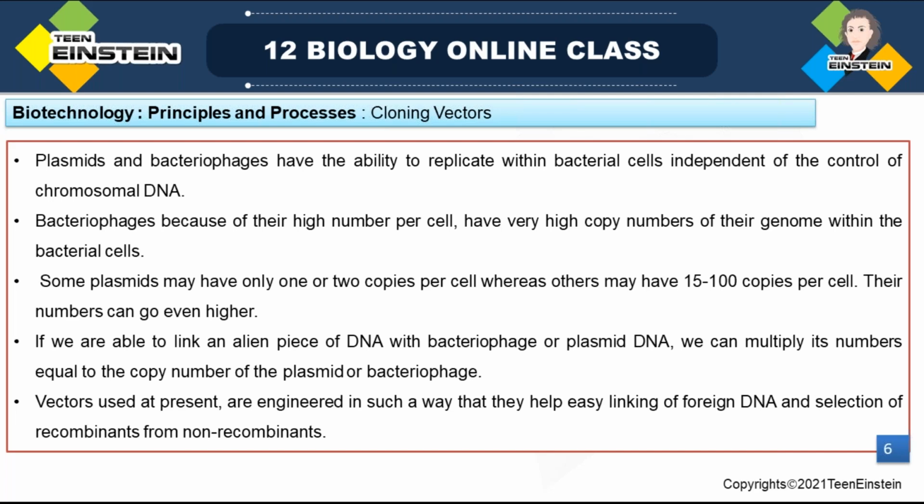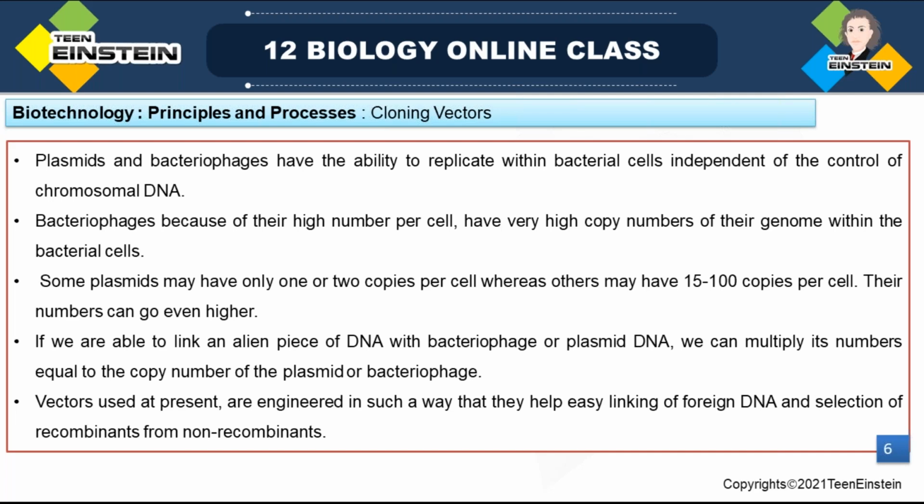Then, while joining the foreign DNA with the vector DNA, the plasmid is getting multiplied. Along with that, our foreign DNA is also getting multiplied because we have linked both. Then we are getting many copies of that gene of interest.